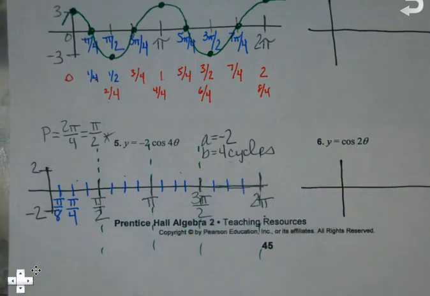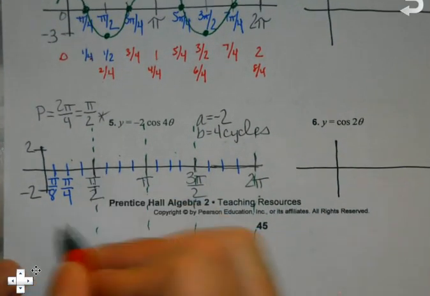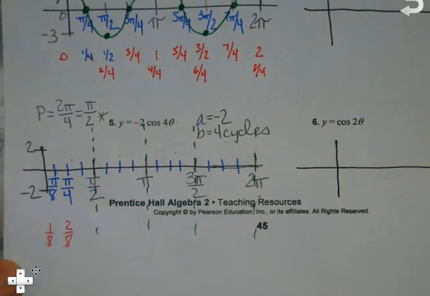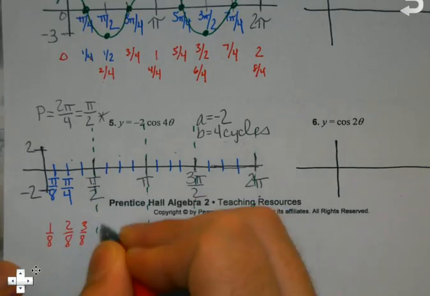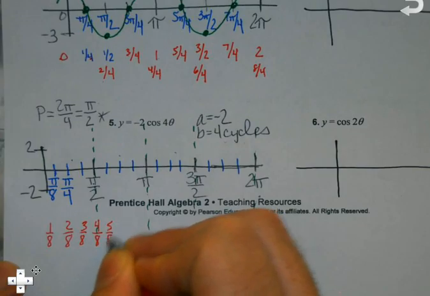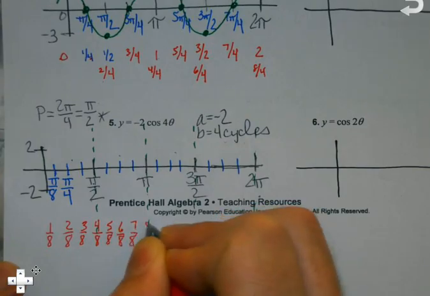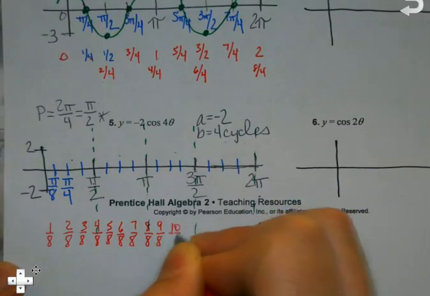You're like, woo, that's a lot of values to do. That happens sometimes. Okay, so down here at the bottom, I got 1/8, 2/8, because 2 over 8 reduces to 1/4, 3/8, 4/8, and you're like, you're really going to write this all the way out? Yeah, I am, because I want to be able to look up at this and make sure that I've done this correctly.